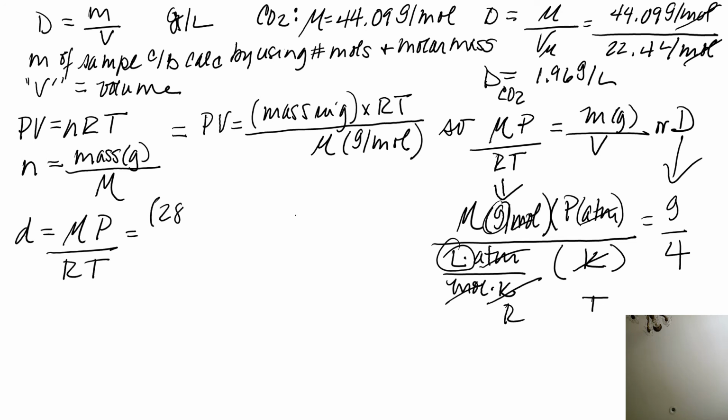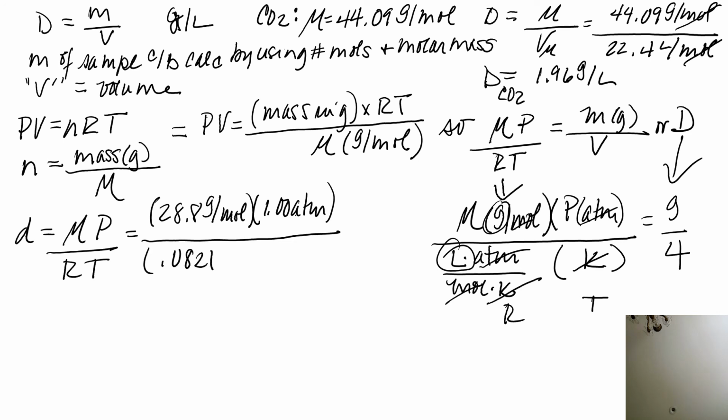We have 28.8 grams per mole times 1 atmosphere divided by the universal gas constant, and our temperature in Kelvin.